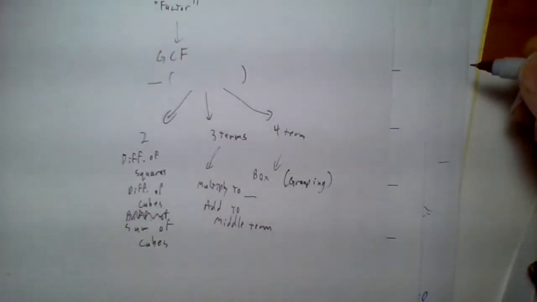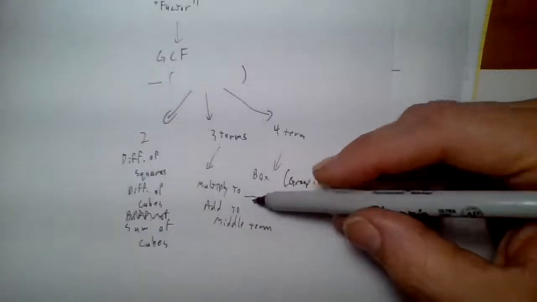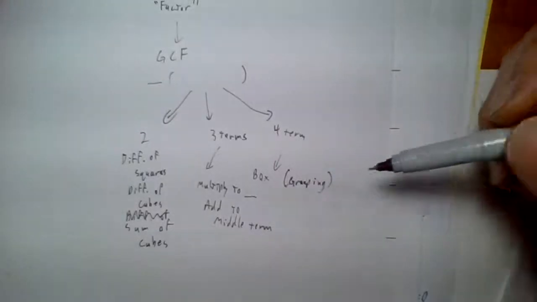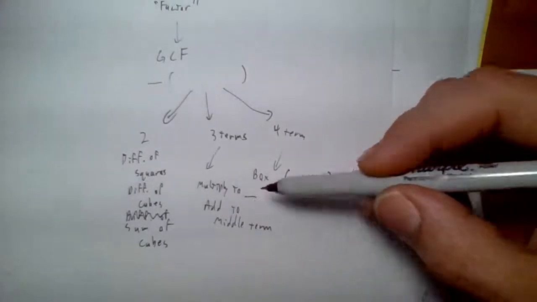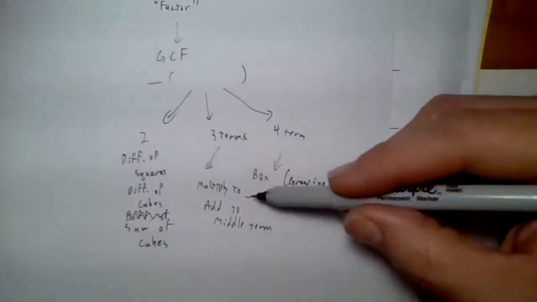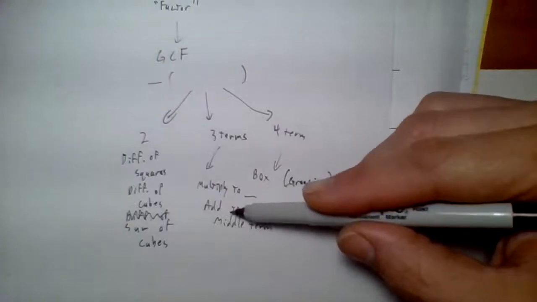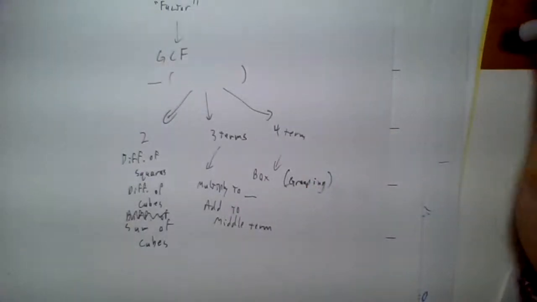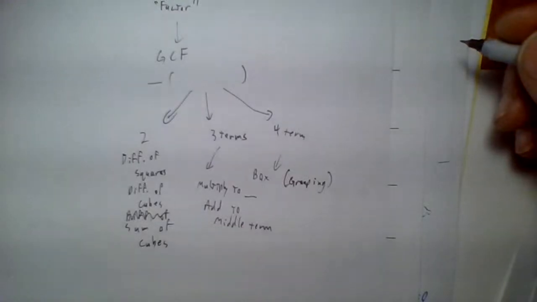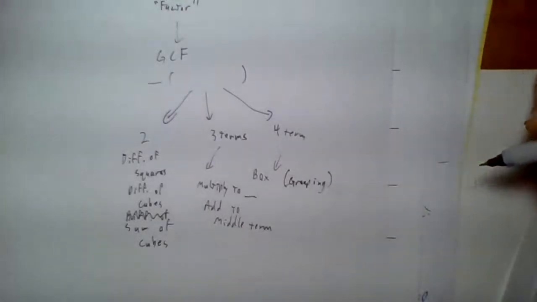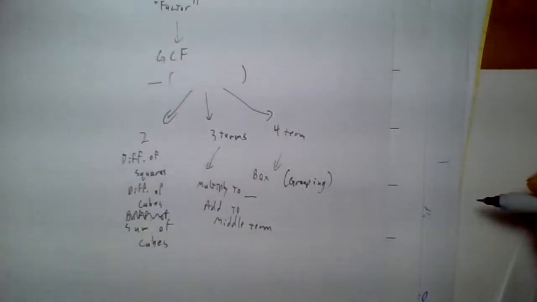The product is the diagonal product in that box: the number from the first term times the number from the last term. And they're supposed to add up to that middle term. If there aren't numbers that do that, then it's a prime polynomial and you're done. If there are, then your box or grouping will give you the factors.